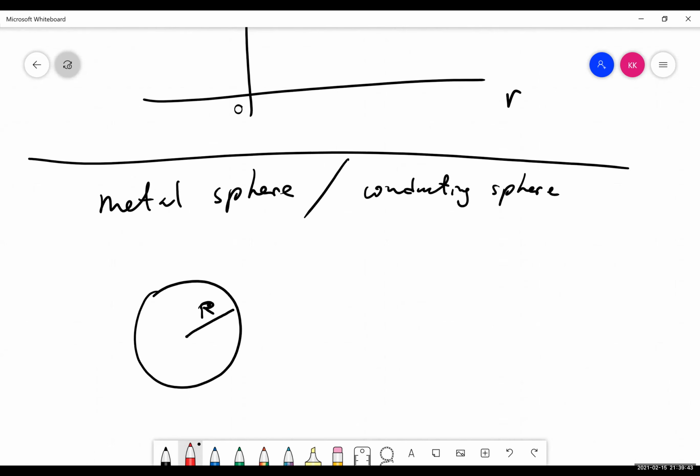And one thing about conductors is that all the charges accumulate at the surface. They're always pushed to the surface. So if you want to find the electric field at some distance r that is less than the radius, and an electric field at some distance r that is greater than the radius, the best way is to find the electric field expression using Gauss's law.